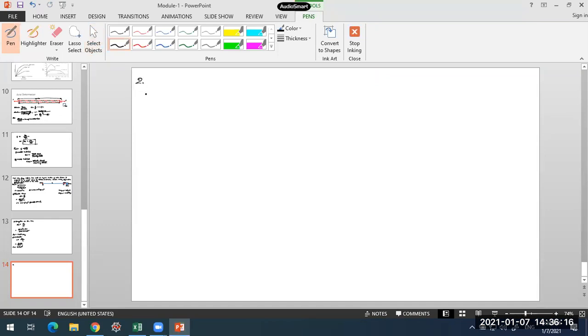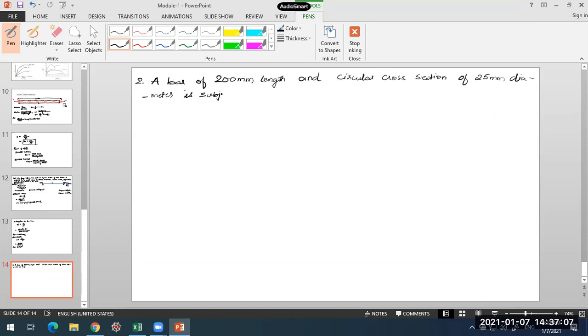I'll give the answer here, but write down the problem: a bar of 200 mm length and circular cross section of 25 mm diameter is subjected to a compressive force of 120 kilonewtons.